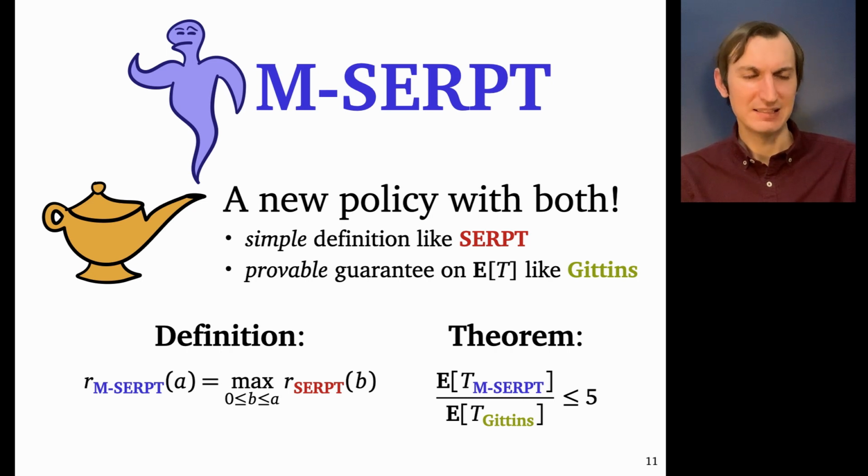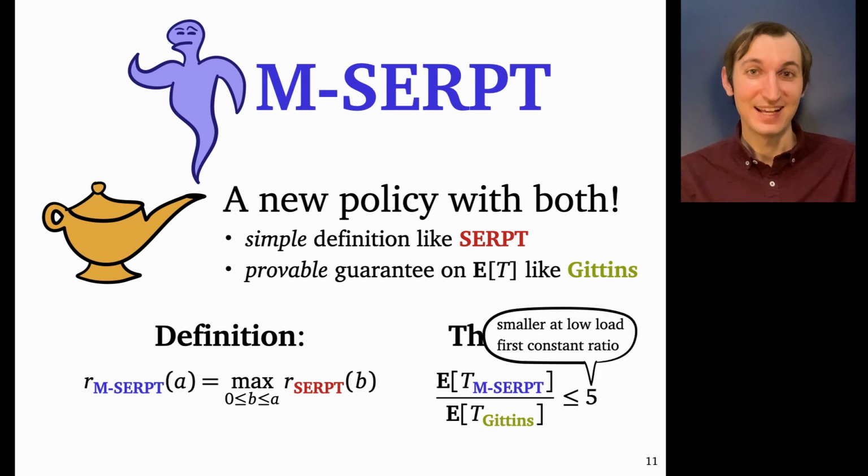Now, you might be thinking, 5, that's not that small a number. And I have a few things to say about that. So the first is that this number is actually smaller at lower loads. I'll show you a chart at the end of the talk. The second is that this is actually the first constant approximation ratio for mean response time shown for any policy in the MG1, other than, of course, Gittins itself.